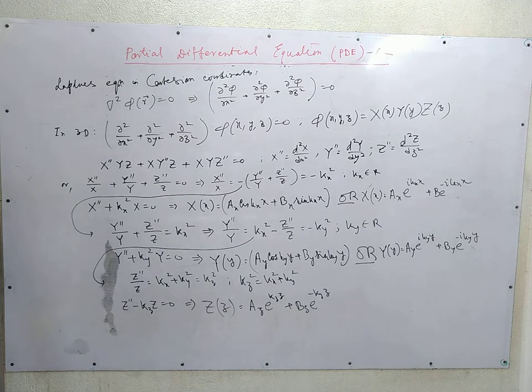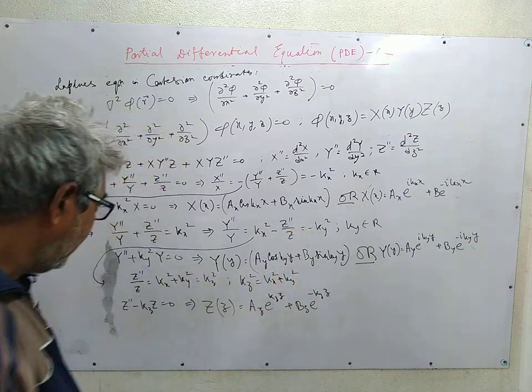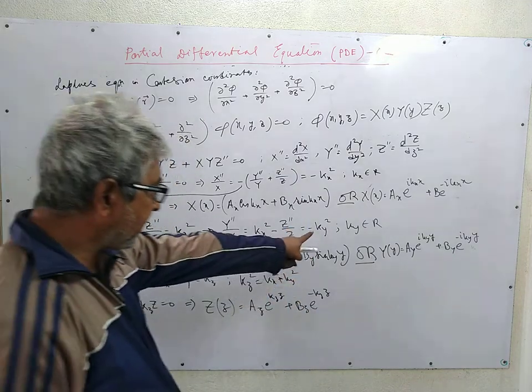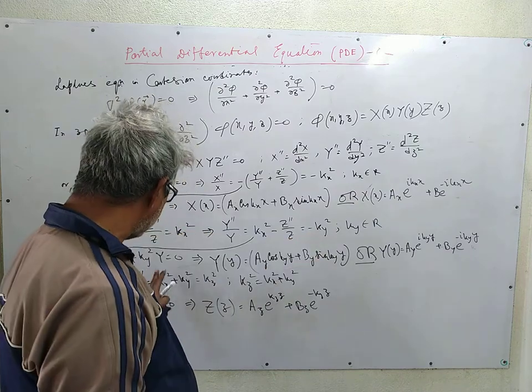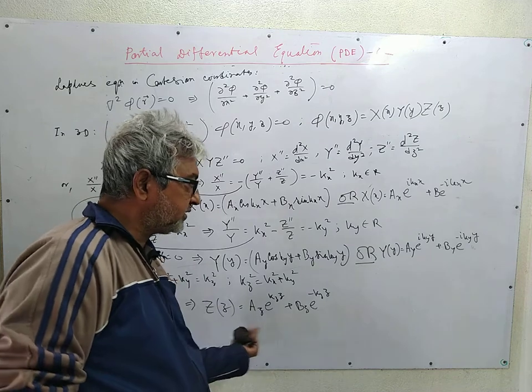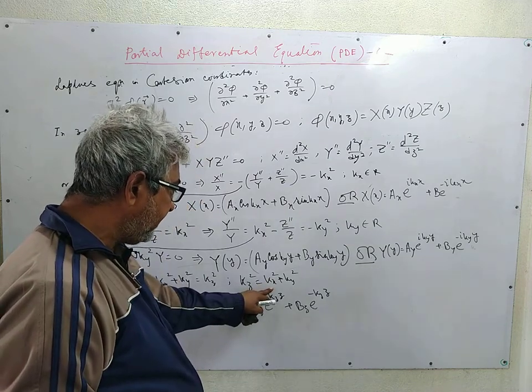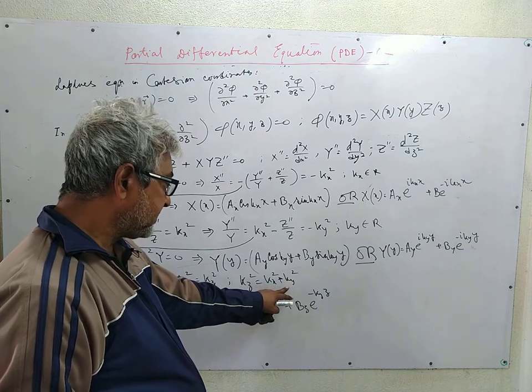We could have chosen this constant to be plus ky square. In that case, the solution in the y direction will be exponential of this form, and here kz square will be kx square minus ky square.